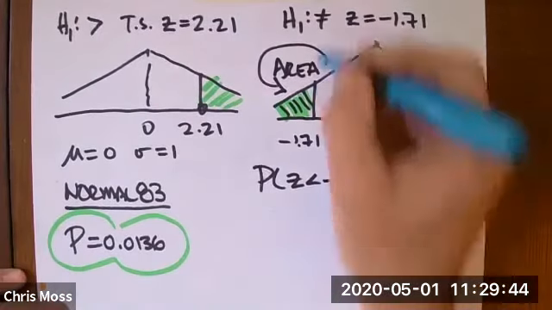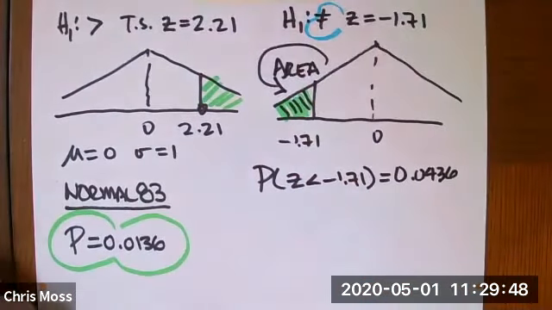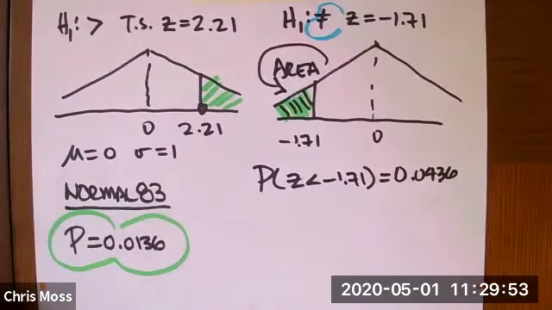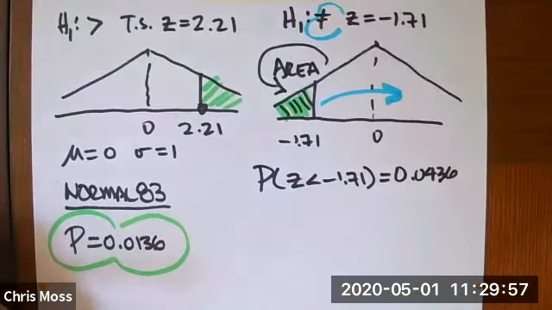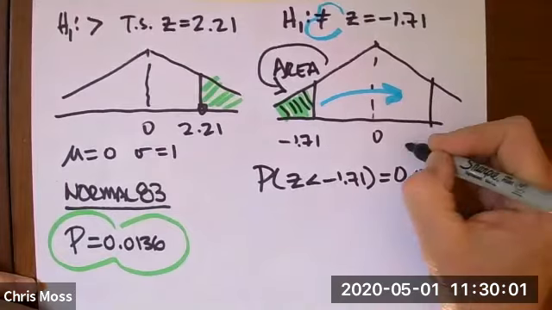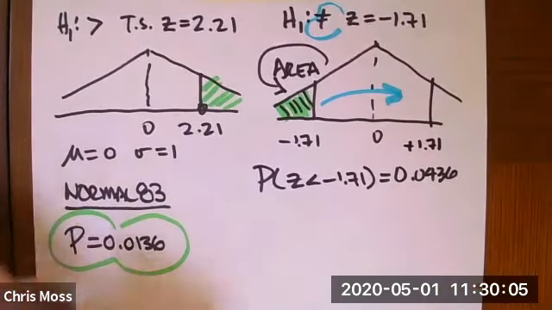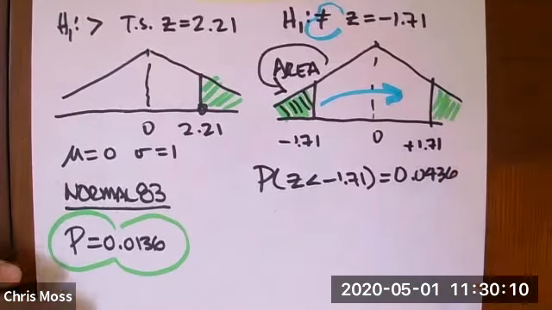Now, in this particular case, we have a two-tailed test, which means there is a mirror reflection on the other side that needs to be brought into play. The area over here, positive 1.71, I'm interested in this area here also.